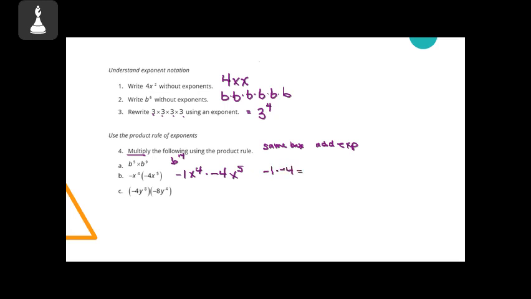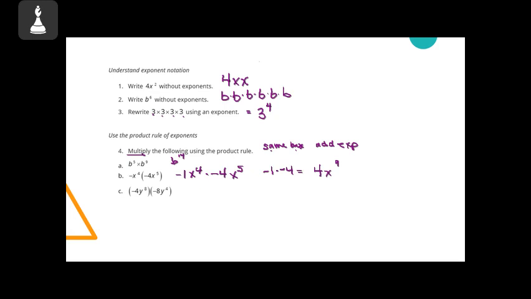And then I'm going to work with my x's. So I have 4 x's here. I want to multiply x to the 5th. So when we multiply, we keep the base the same and add the exponents. So 4 plus 5 is 9. So negative x to the 4th times negative 4x to the 5th gives me positive 4x to the 9th.